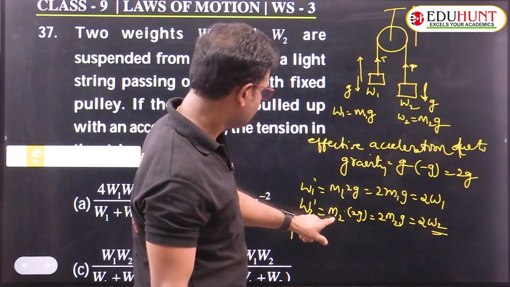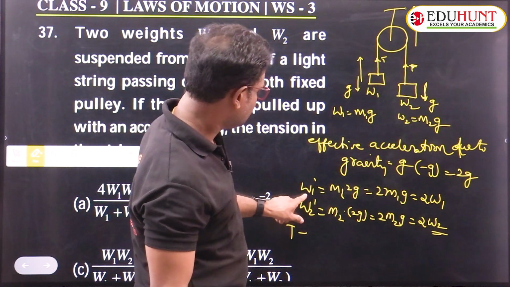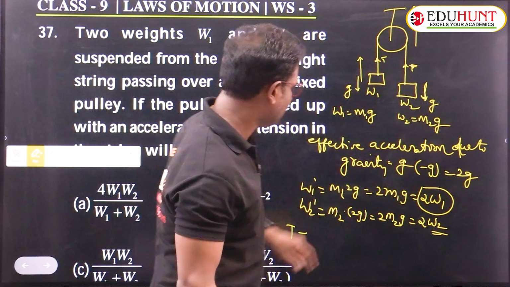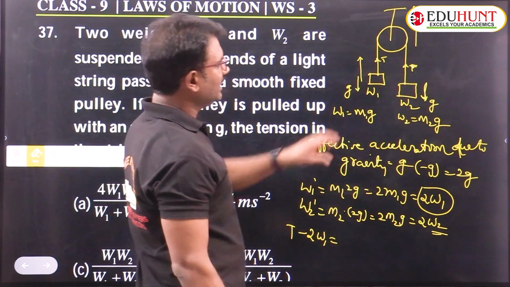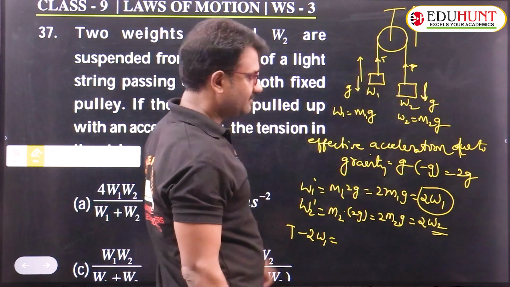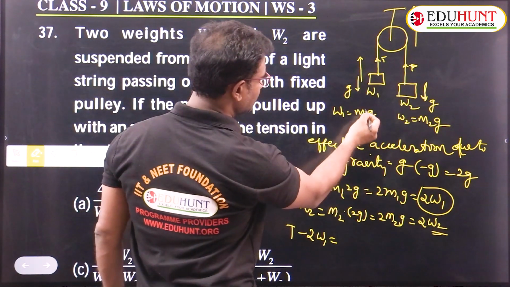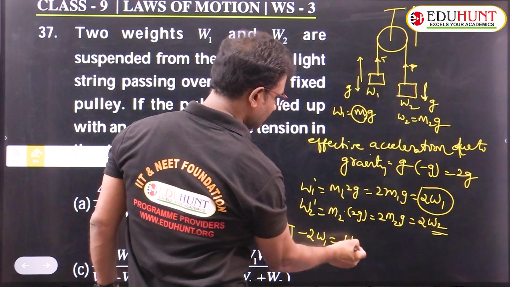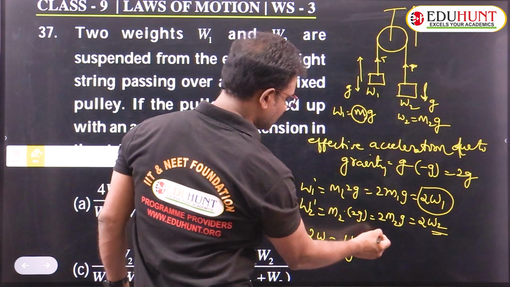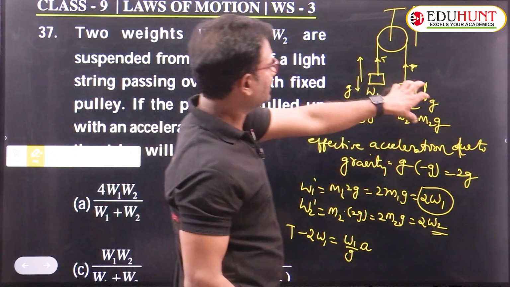What is that? Downward weight is 2 times w1. 2 times w1 is equal to its mass into acceleration. What is its mass? m1 is its mass, whereas m1 means w1 by g, into acceleration.